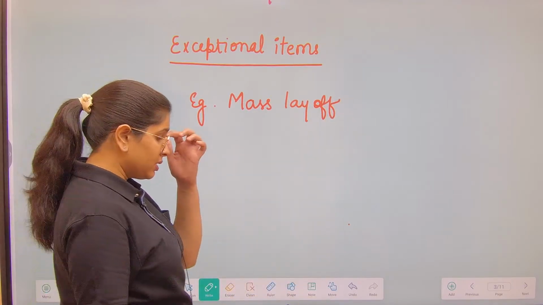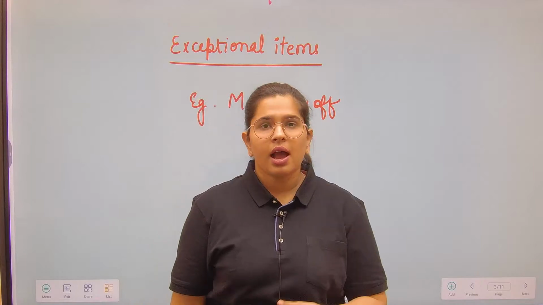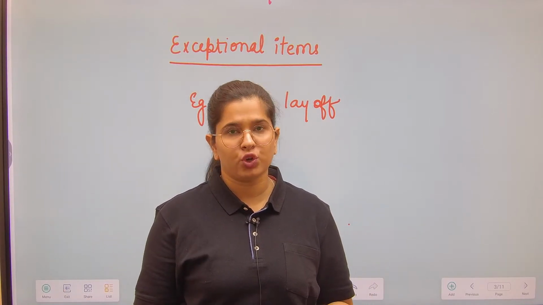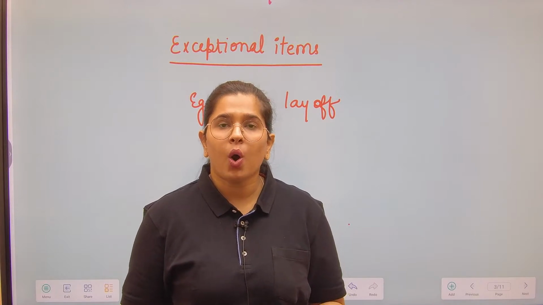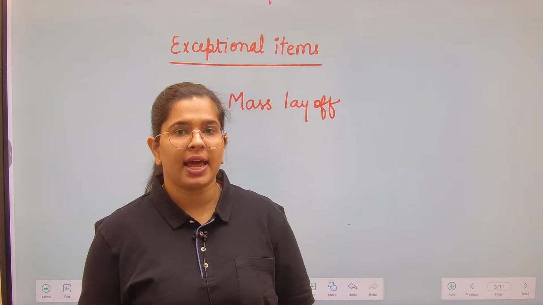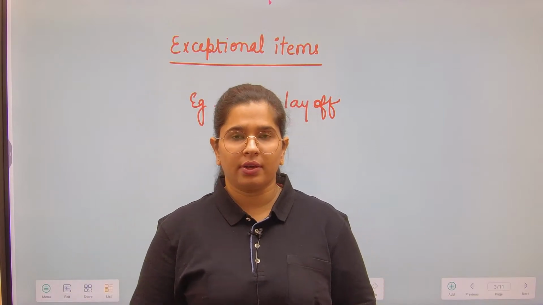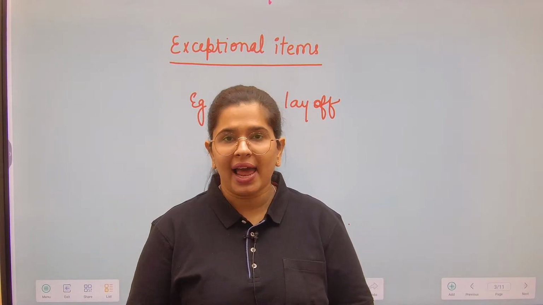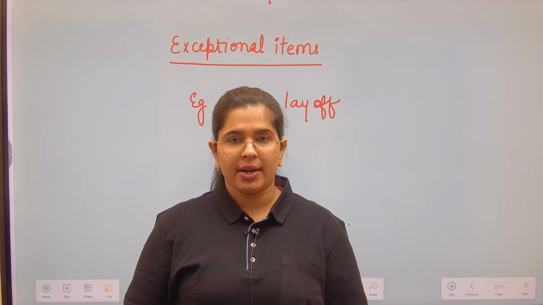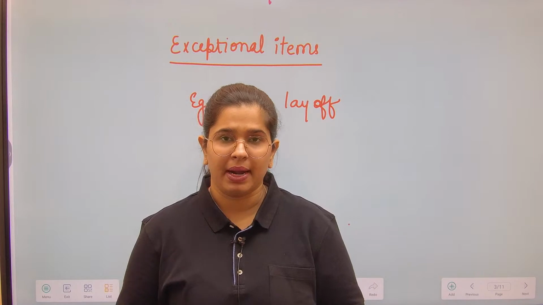Mass layoff means, see, hiring employees and removing employees from the job is the normal ordinary course of business. This particular activity you do as a usual activity. That's why every entity has an HR department or human resource department.